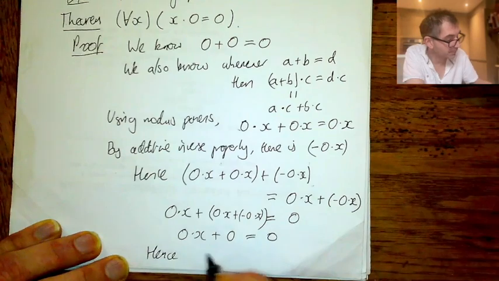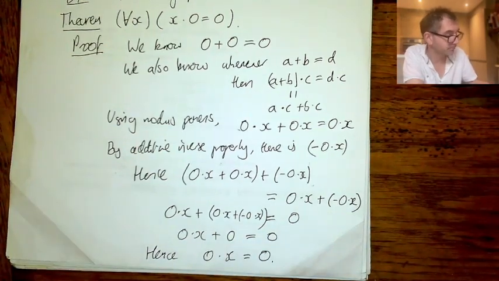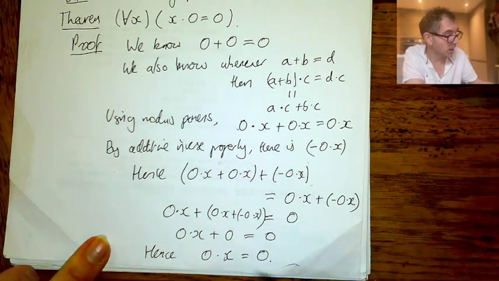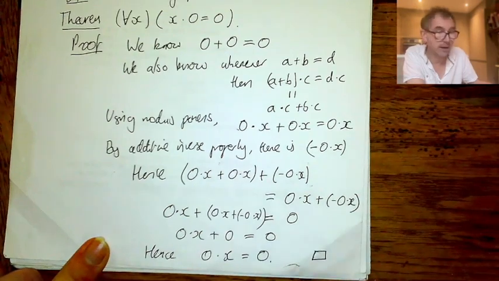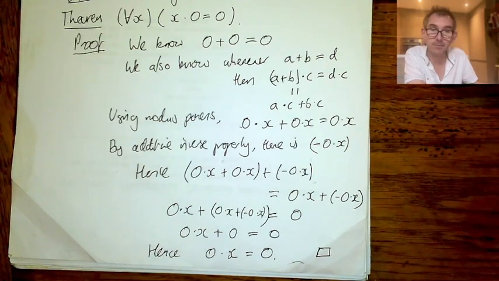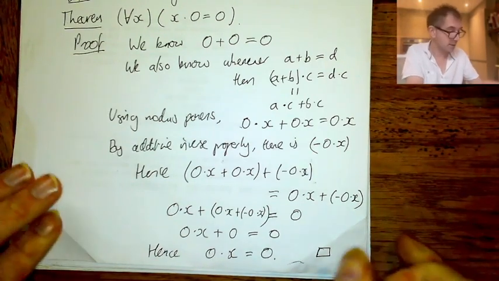Hence, again, 0 times x equals 0. And that was what I was trying to prove. I suppose I could use one more rule if I wanted to just swap these over, the commutativity rule. And so I have finished. And then I put a square at the end just to tell everybody how clever I am and that I've proved my theorem.